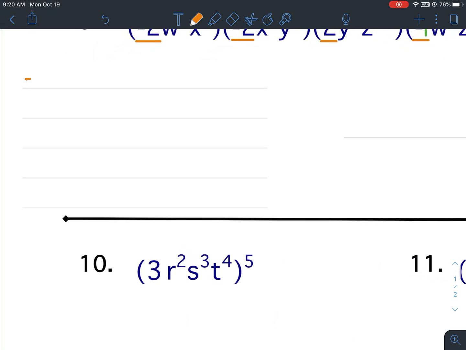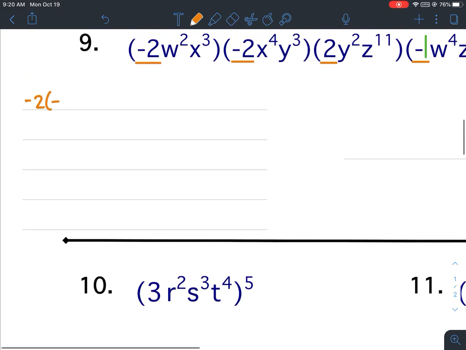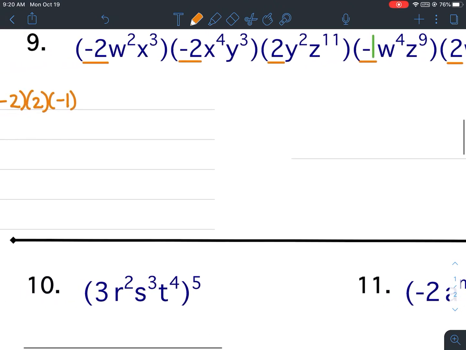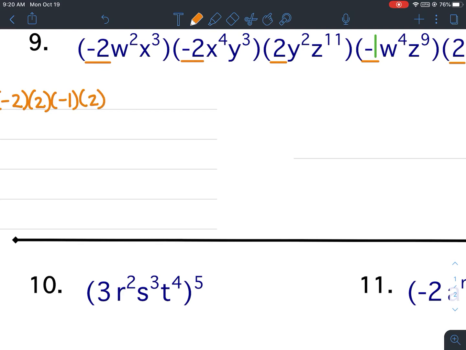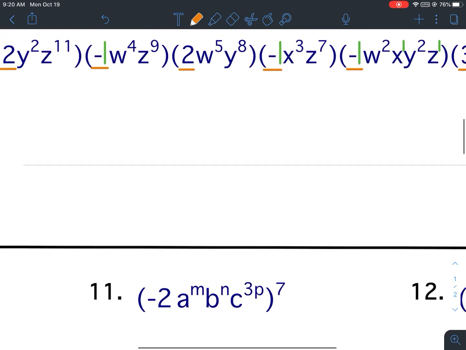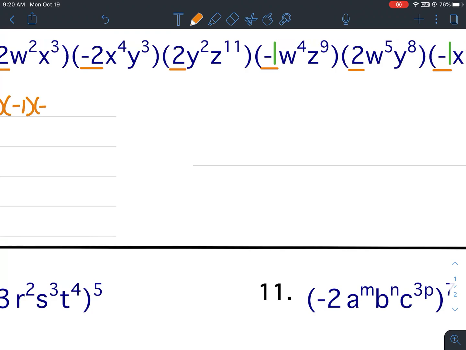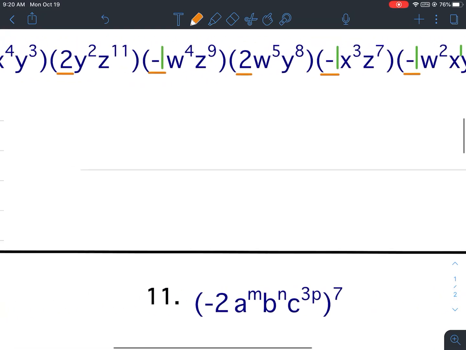And they were -2, -2, +2, -1, 2, -1, -1, 3, and the last one is a 1.